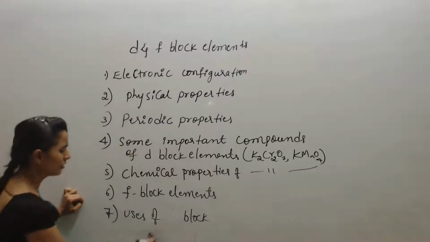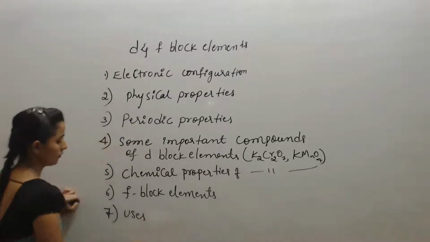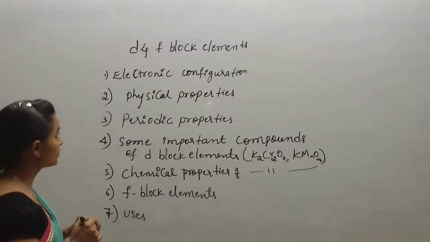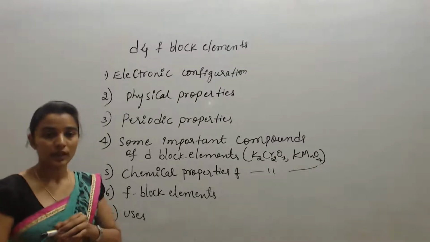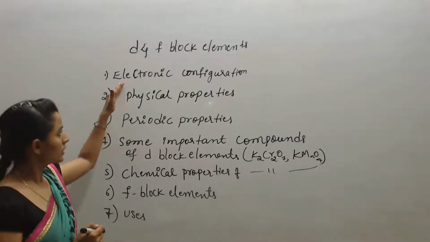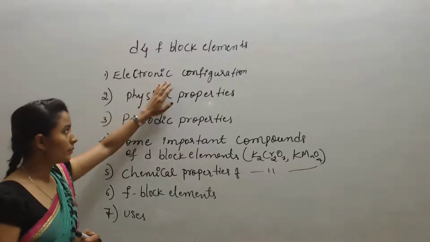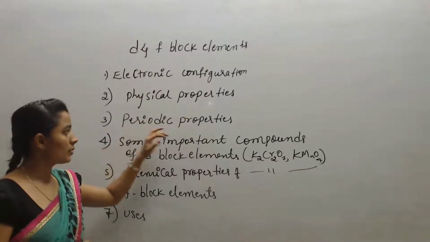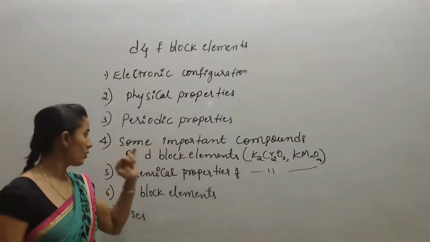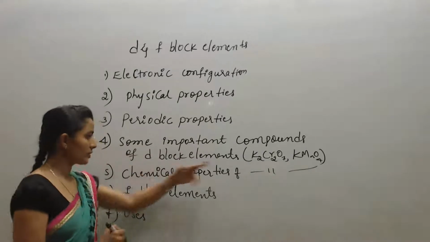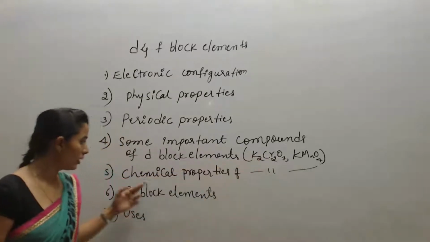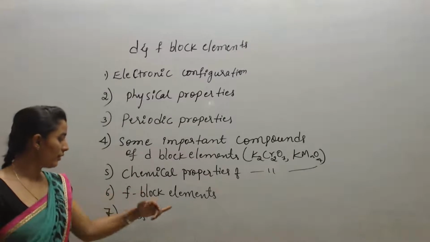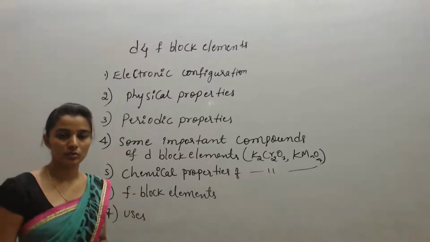Just remember the uses. So these are all the objectives we are going to study in this chapter: electronic configuration of D and F block elements, physical properties, periodic properties, some important compounds of D block elements, especially K2Cr2O7 and KMnO4, their chemical properties, F block elements and their uses.